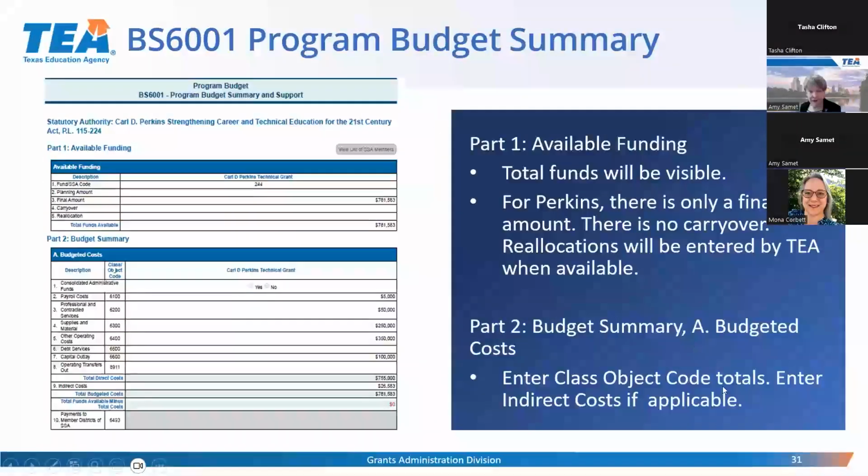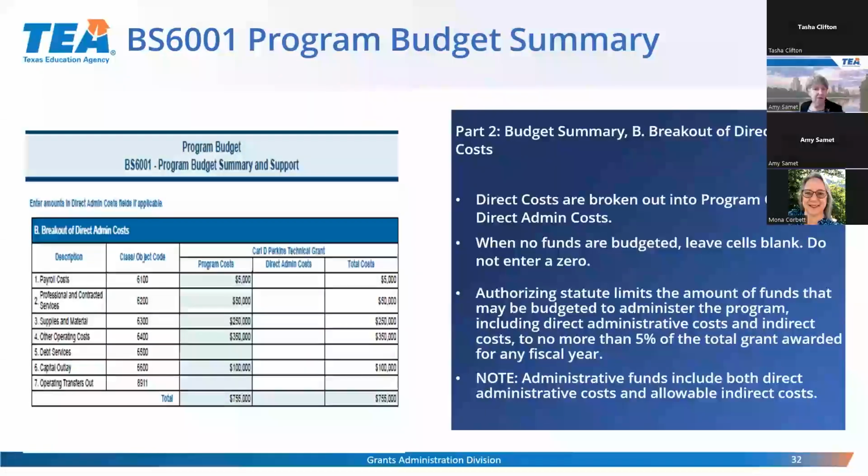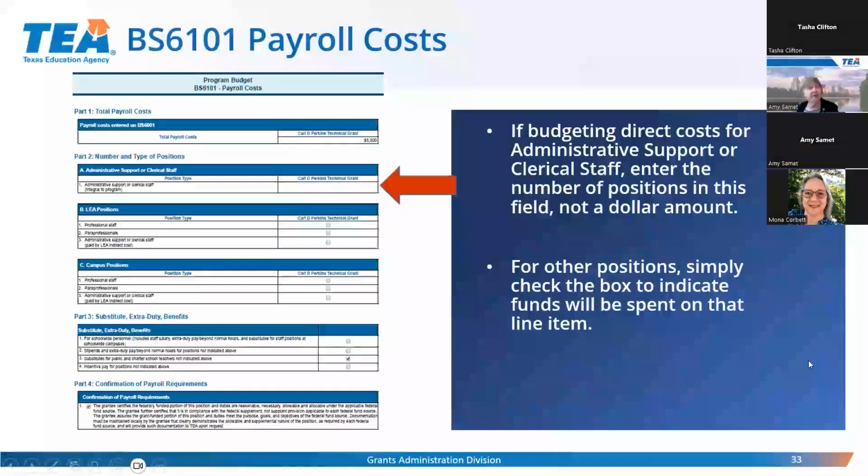So let's look at the supporting budget schedules. First, there's BS. Whoops, it didn't change. There it is. Budget schedule 6101, payroll cost. So on this, we're going to look at part 1, part 2, part 3, and part 4.